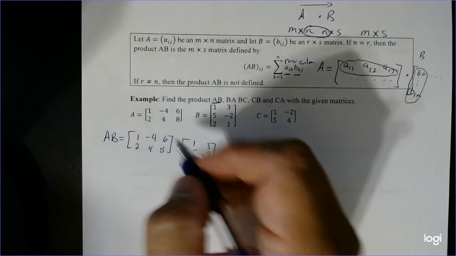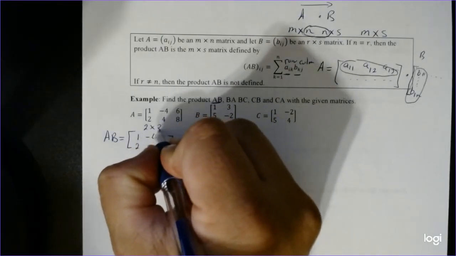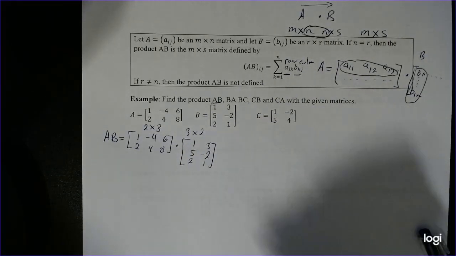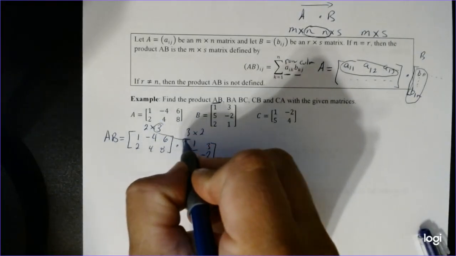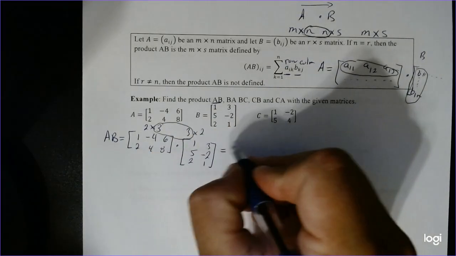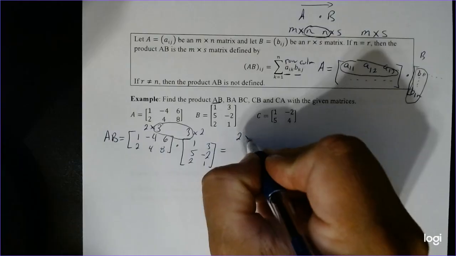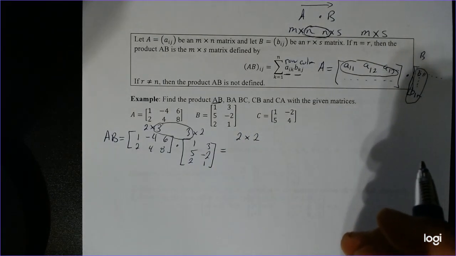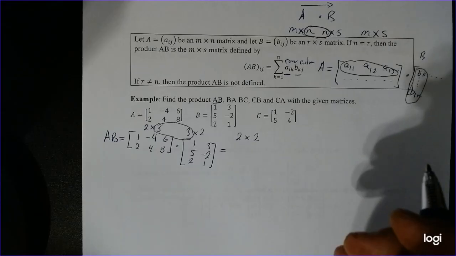Okay, so this is a 2 by 3 matrix, and this is a 3 by 2 matrix. So since the inners are the same, I know my product is going to be a 2 by 2. Okay, so let's try this out.